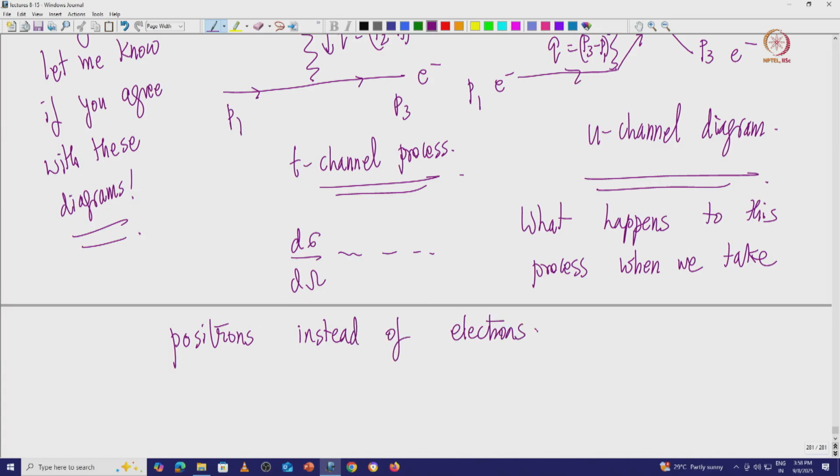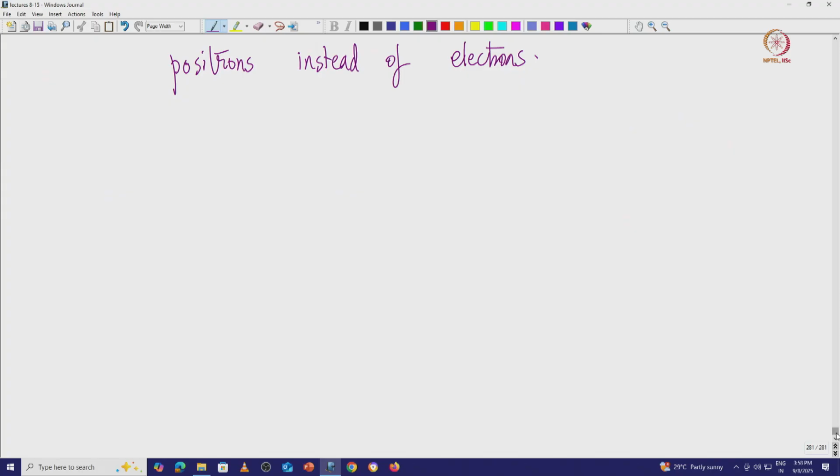There are various things you can use. In fact, this Moller scattering is also related to Bhabha scattering by some symmetry called crossing symmetry.